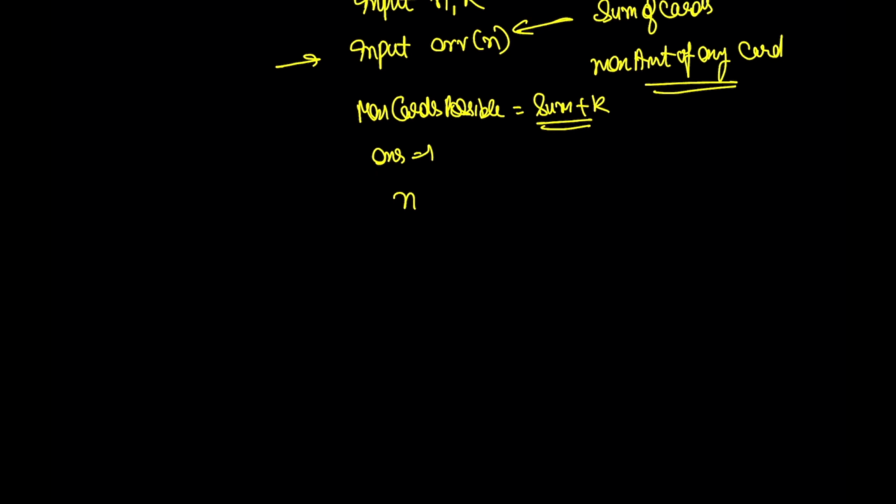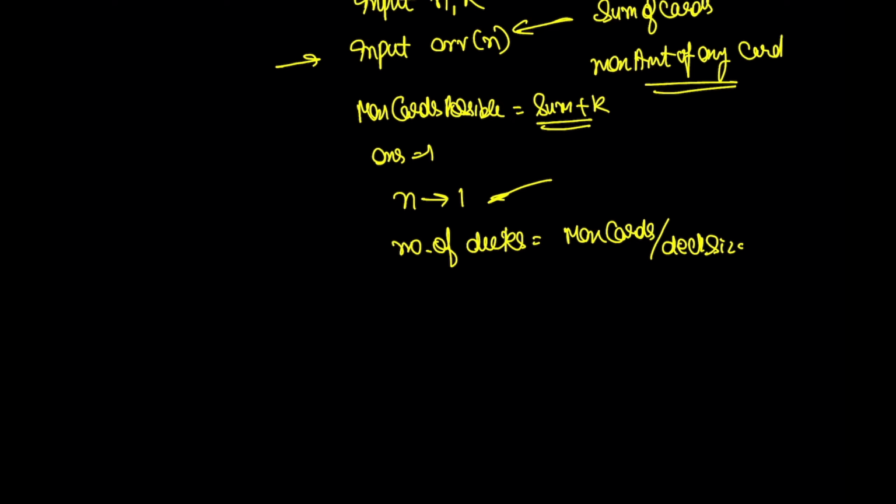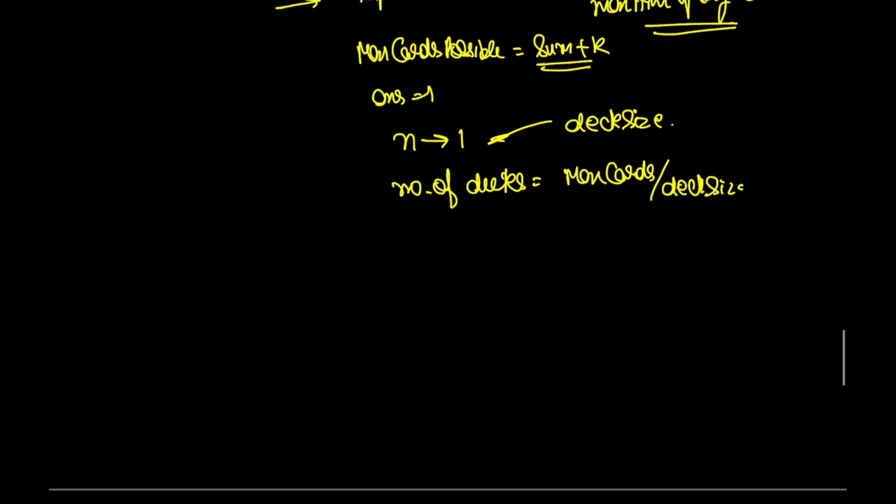Then let's suppose we iterate from 1 to n. Now we will have the number of decks as the maximum cards divided by the deck size. So this is the deck size, and the used cards would be deck size times the number of decks.